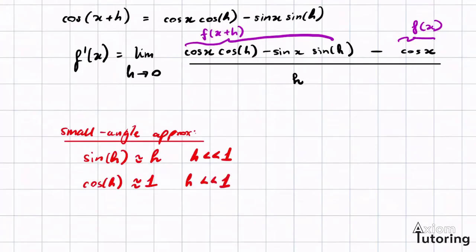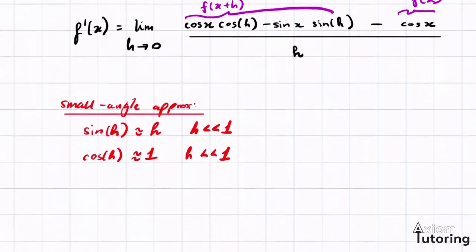So let's rewrite the line above, the expression we have there for f dash of x, using our small angle approximations.